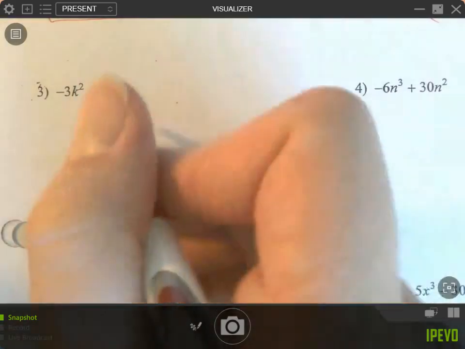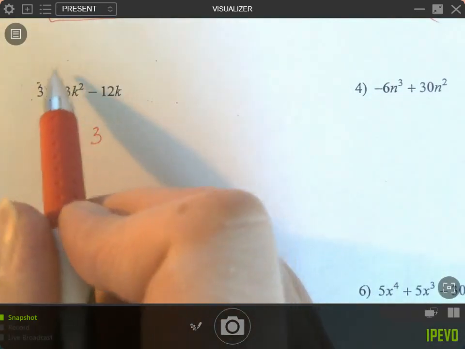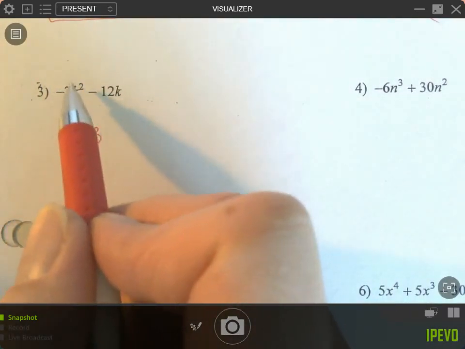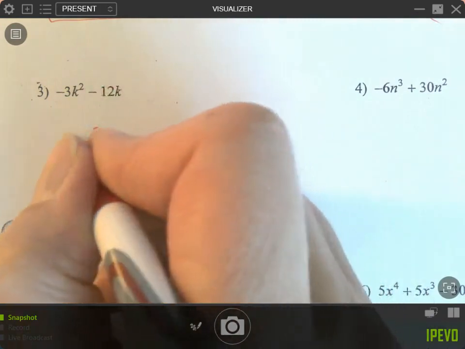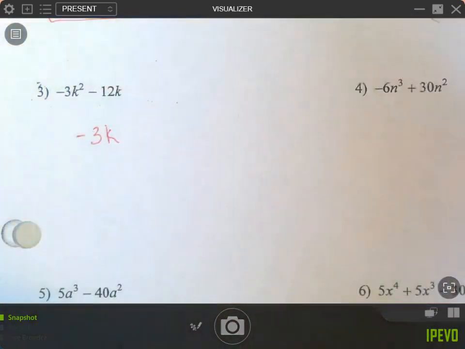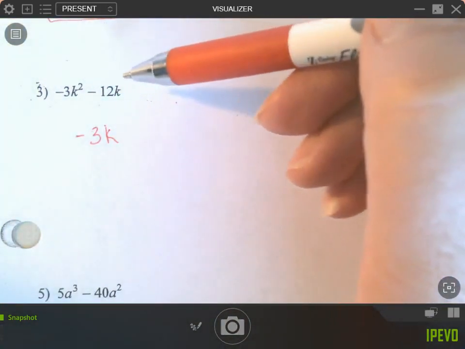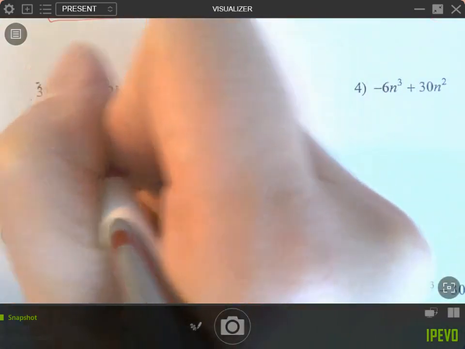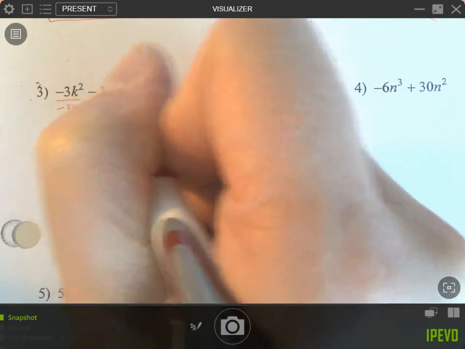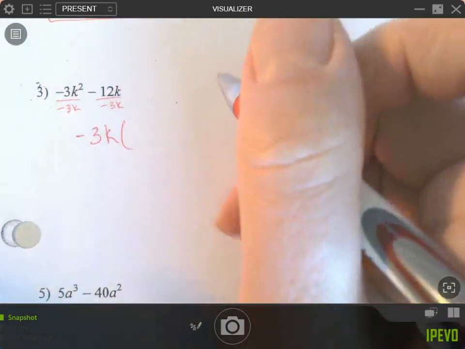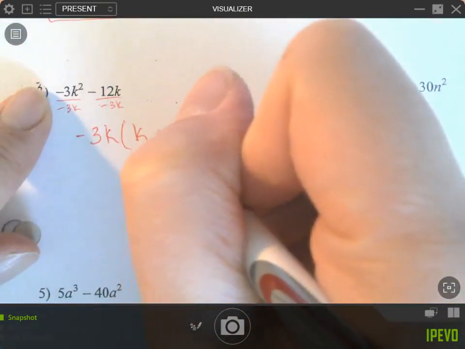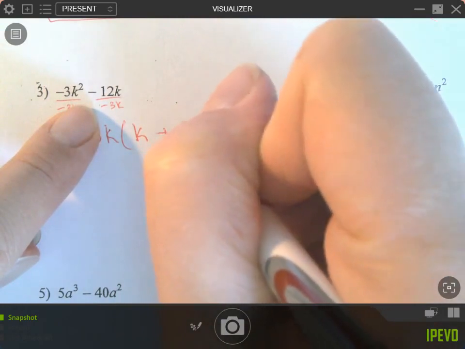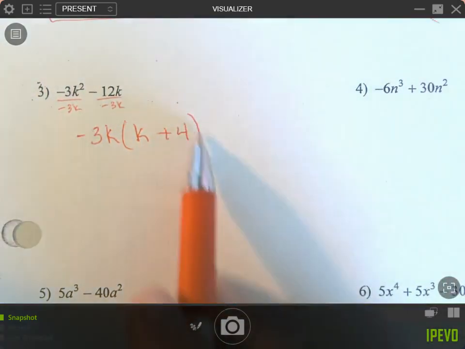Now I could take out just a 3, but remember when that first number in order is negative, we want to take out that negative 3. When I say in order, I'm talking about standard form. So take out the negative 3k. Now remember, if I'm dividing by a negative, what happens to the signs? So this is going to end up being a positive k, and this is going to end up being a positive 4.